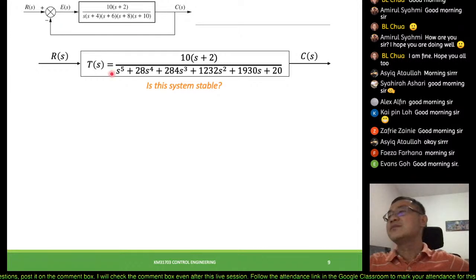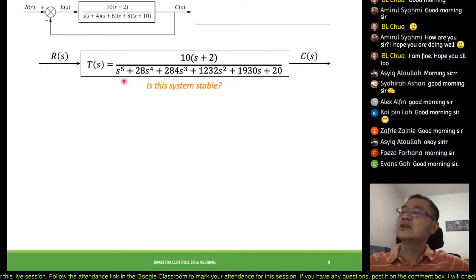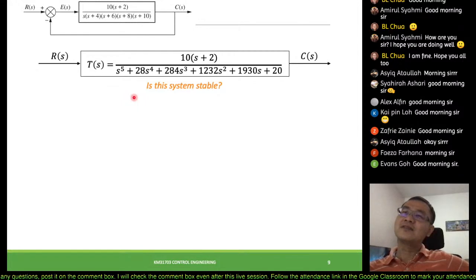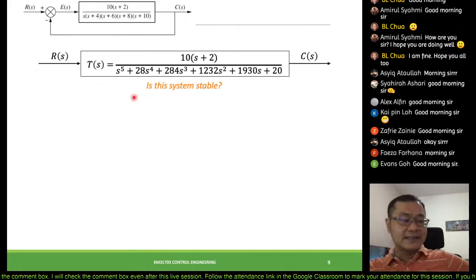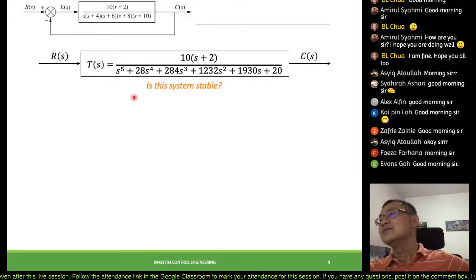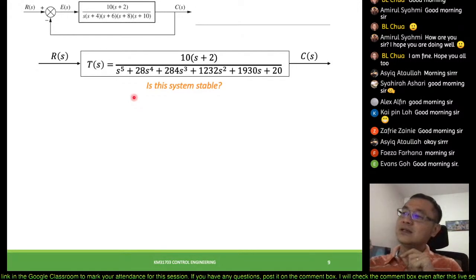We can see that this feedback control system consists of s to the power of 5, 4, and so on; the highest order is 5. The question now: is this system stable? If we look at this, we have the tendency to say this is a very hard question, because you have to factorize it.